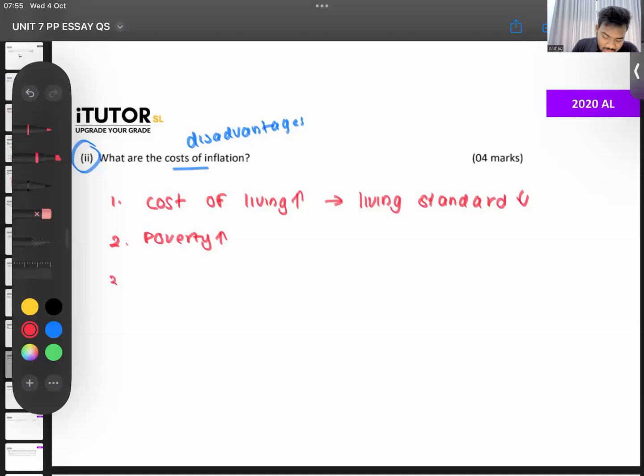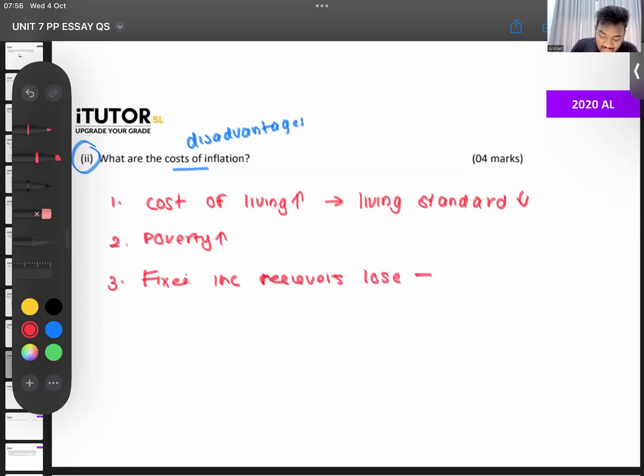Then what about fixed income earners? People who get pensions, fixed salaries, people like that. What happens to them? You can say fixed income receivers lose.